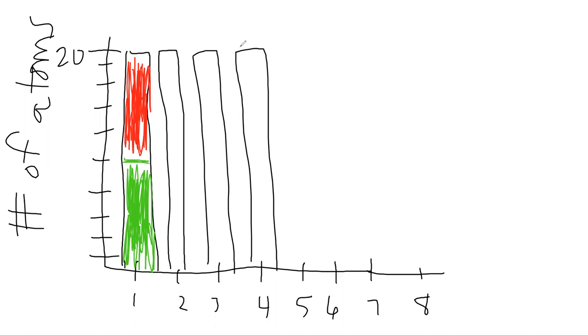So at the end of round 2, let's say I had still 10 green and 10 red. None of them decayed, I didn't roll a 6 at all. So I'm going to do the same thing again.